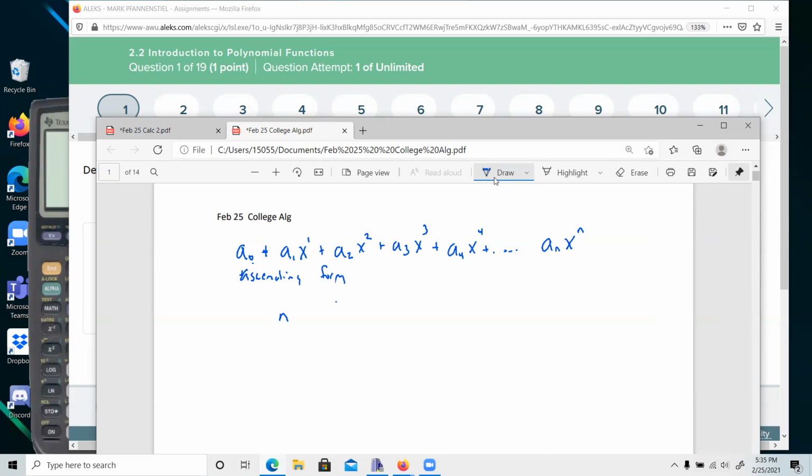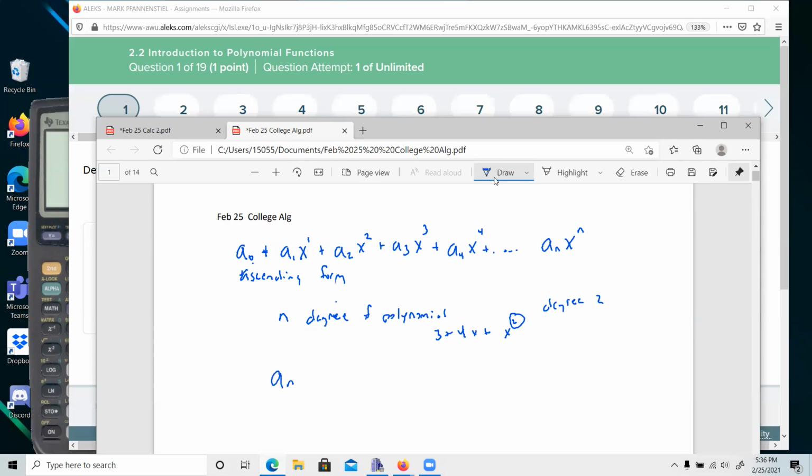This n, right, that's the degree of the polynomial. Right, so if we had like 3 plus 4x plus x squared, that would be just fine. That's a degree 2. Okay. So n is the degree.